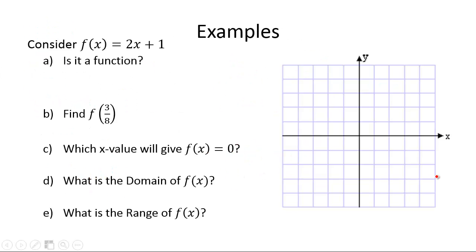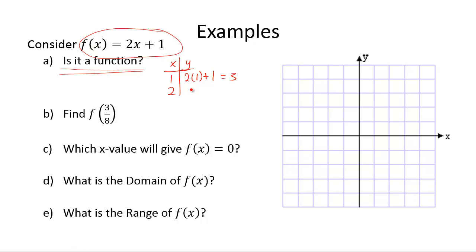So let's continue with some more examples here. So let's say you had f of x, function of x, as 2x plus 1. So is it a function? Does every input give you a single output? Well, if you were to make a table of values, as soon as you put one x value in, you'll go 2 times that x value and add 1, and you'll get 3 in this case.